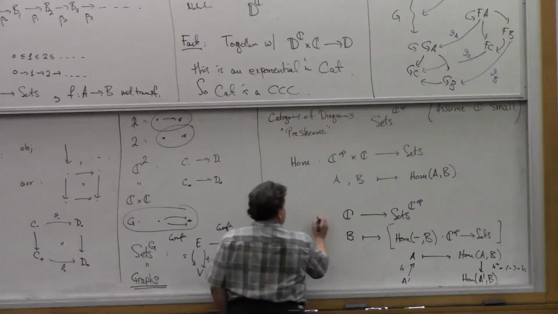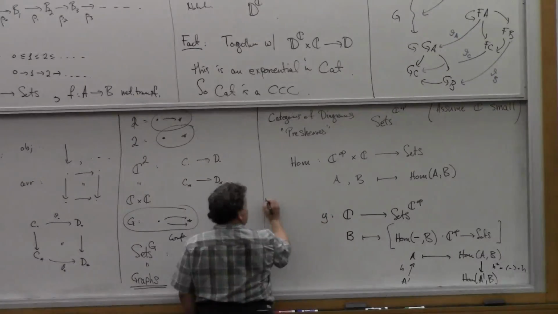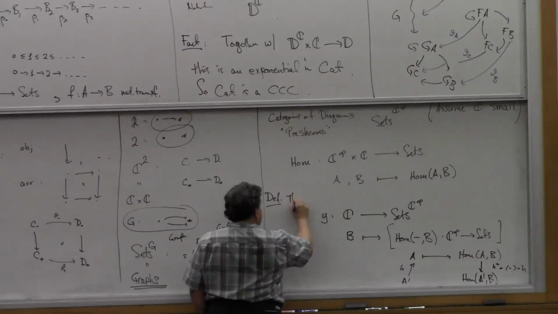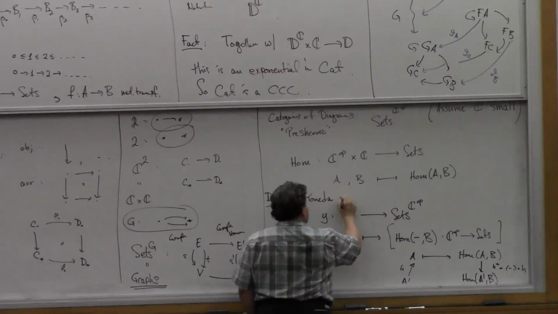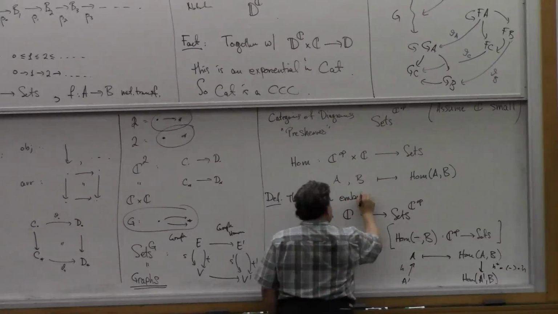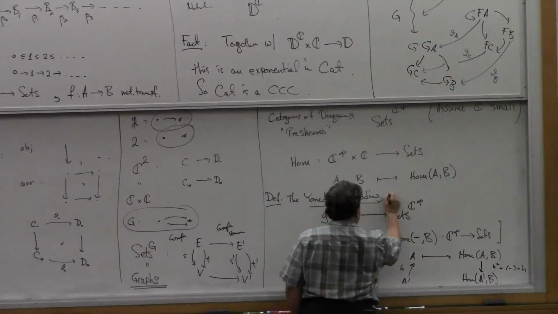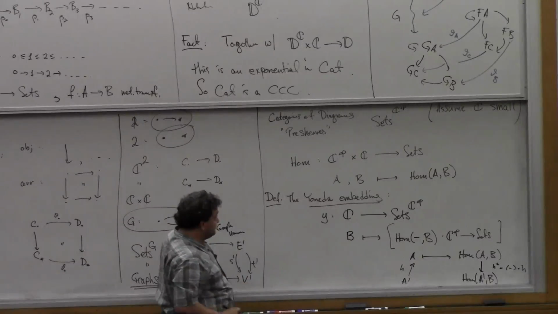This map here, conventionally denoted Y, is called the Awodey embedding. And that it is an embedding is a consequence of the Awodey lemma, which we're going to not completely prove, but at least mention now.